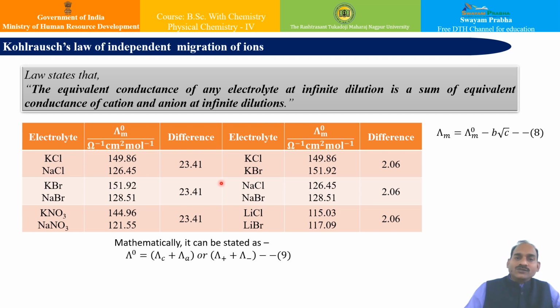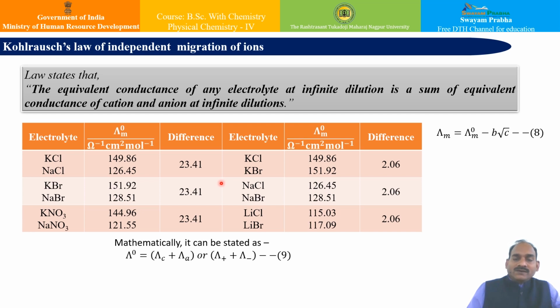Say 0.001 or even 0.0001 molar solution, is very close to the limiting value of conductivity at infinite dilution, isn't it? On the other hand, the corresponding value for a weak electrolyte is far away from the limiting value at zero concentration, because for a weak electrolyte it drops down very rapidly at low concentration.